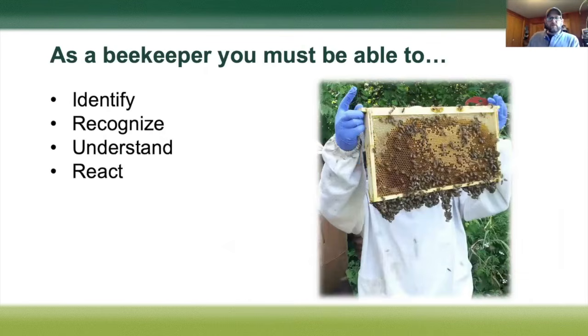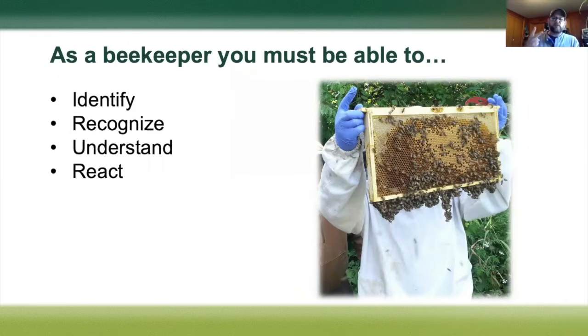So really, the first thing that you need to be thinking about, and that you have to be able to do even before you get started, is you need to understand that your responsibility as a beekeeper is to be able to identify the problems, the pests, and the diseases that are present in your hive.